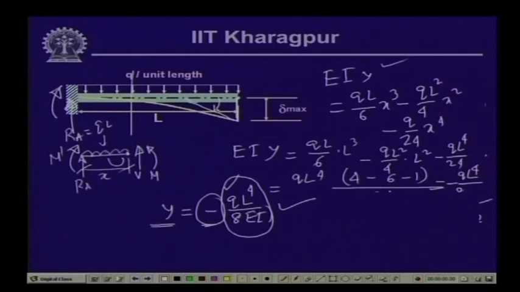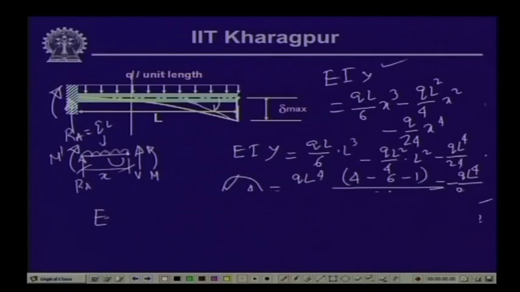Now, we can compute the value of dy/dx. We could substitute x as L in the expression for dy/dx, or we can take the derivative of the expression for y, from which we can compute the slope at the free end.